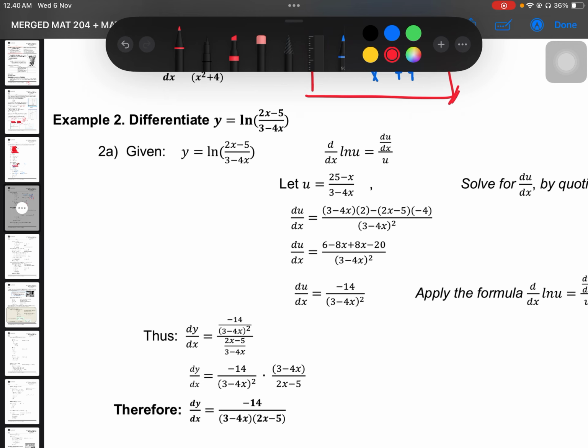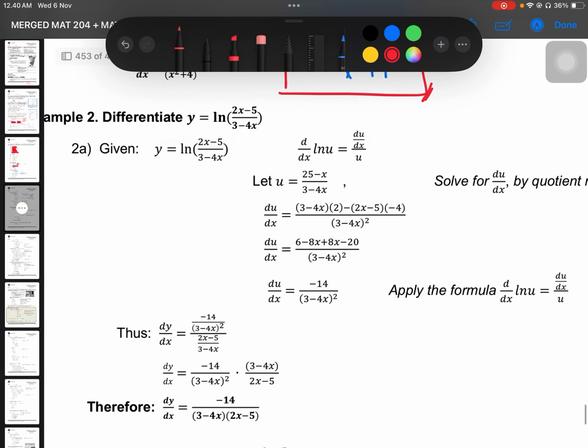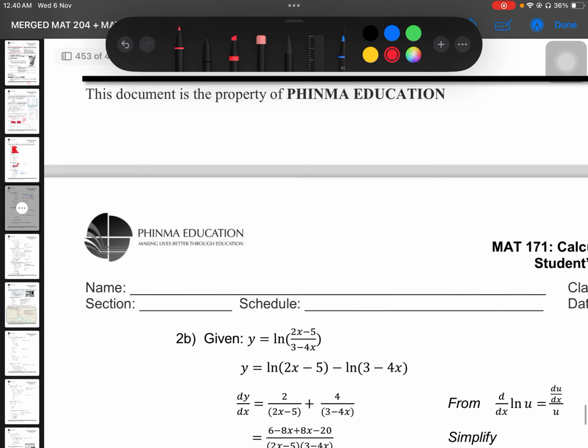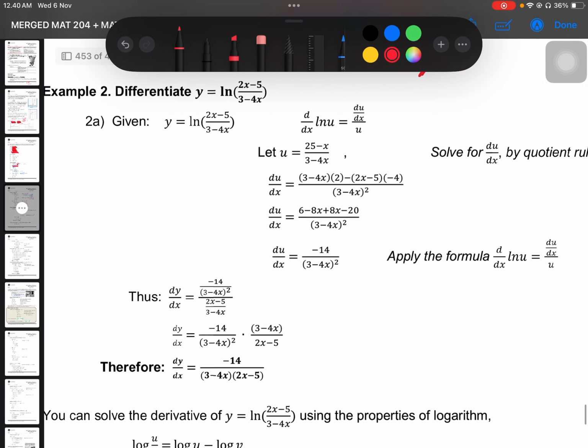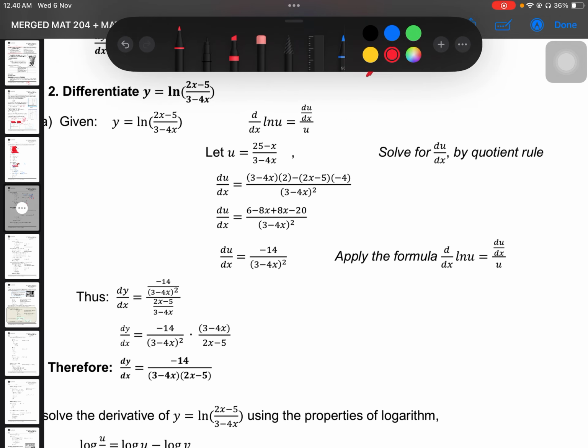Differentiate y is equal to ln of 2x minus 5 over 3 minus 4x. So, dito medyo mahaba, pero actually meron siyang another solutions. So, ito, pakita ko sa inyo agad yung pinakamadali. Huwag niyo itong gamitin. Mahaba pa ito eh. Okay, quotient rule pa yan, di ba? So, ang gagawin na lang natin dito is to use the properties.